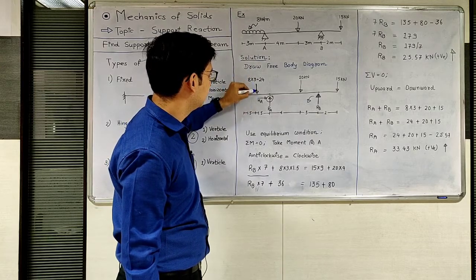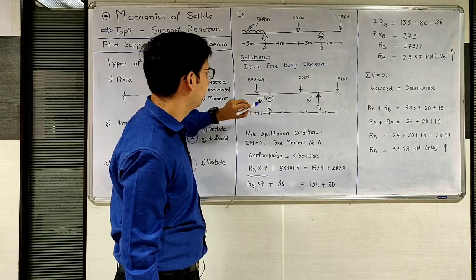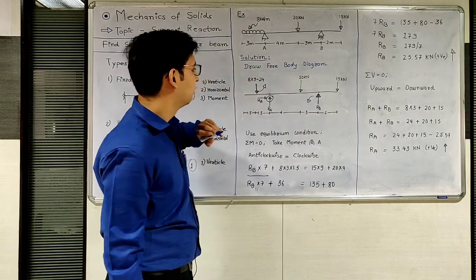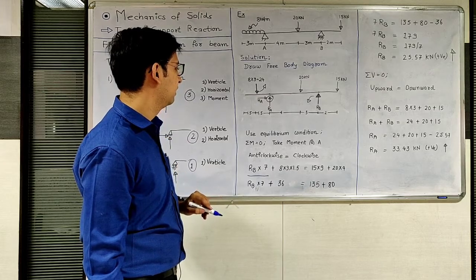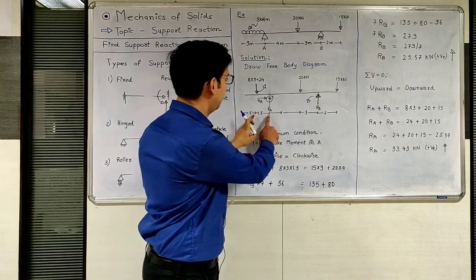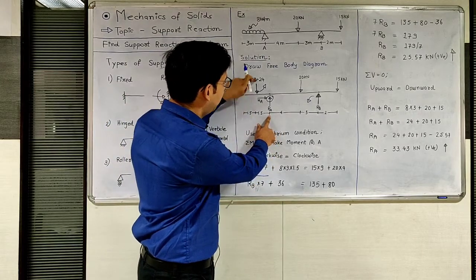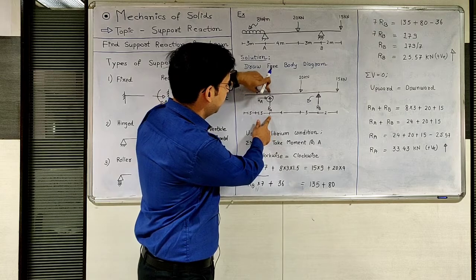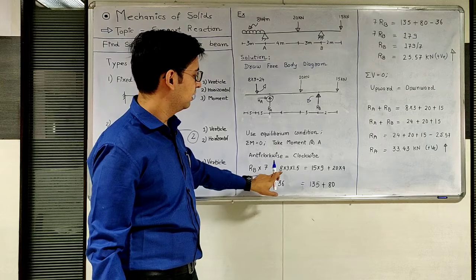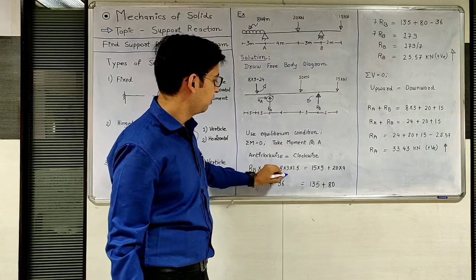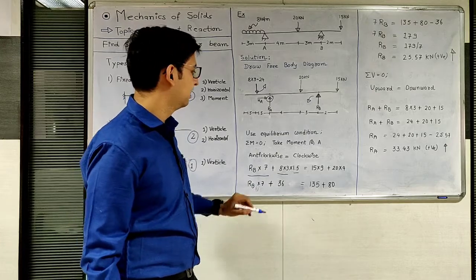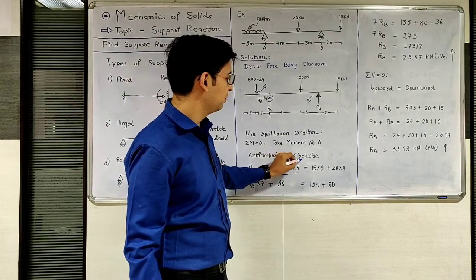This downward point load, rotating about A, will rotate in the anti-clockwise direction, and moment means force into perpendicular distance. Force is 24 and perpendicular distance is 1.5. So plus 8 into 3 force and 1.5 perpendicular distance. Anti-clockwise moment equals clockwise moment.